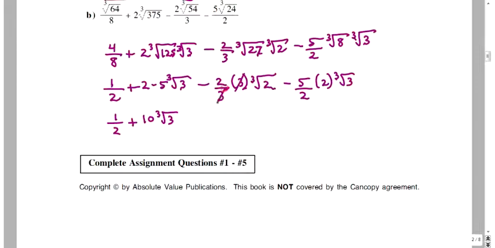Same thing. That's minus 2 cubed root of 2's. And what's 5 times 2 divided by 2? 5 cubed root of 3's.